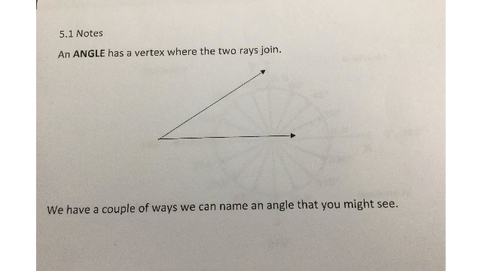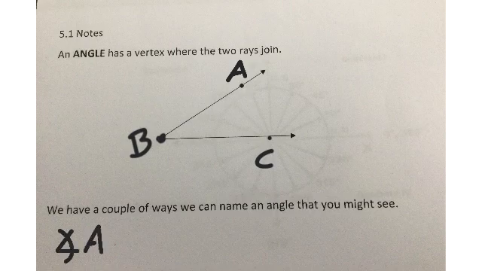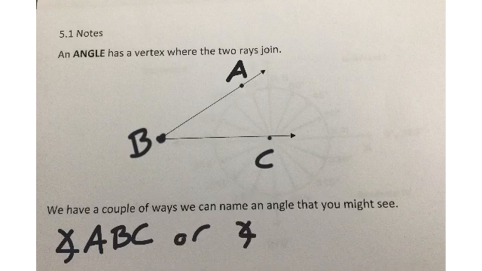We have different ways we can name this angle. Say that we had points A, B, and C. We could name this angle ABC. We could name it angle CBA.